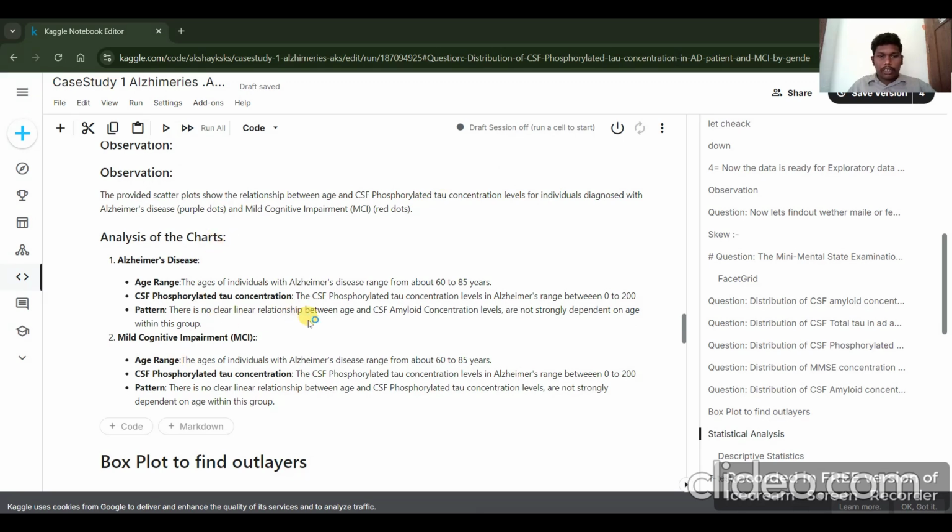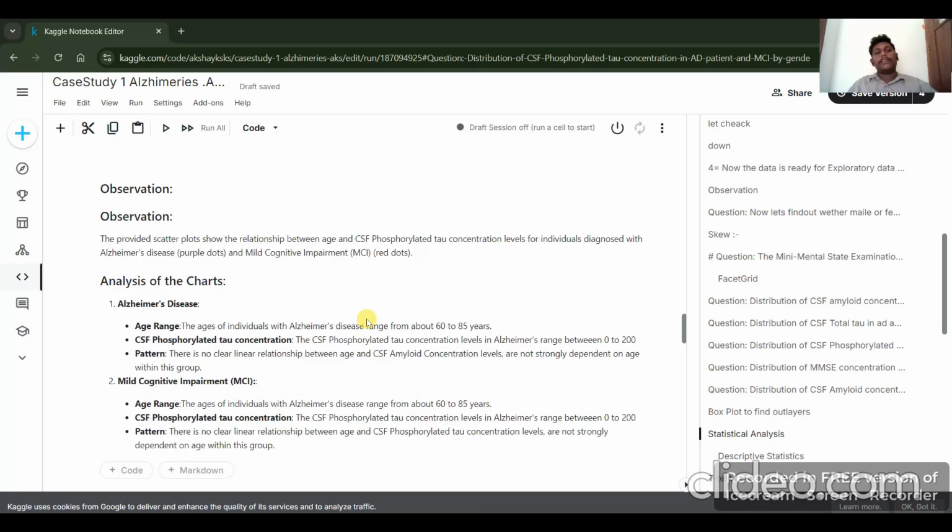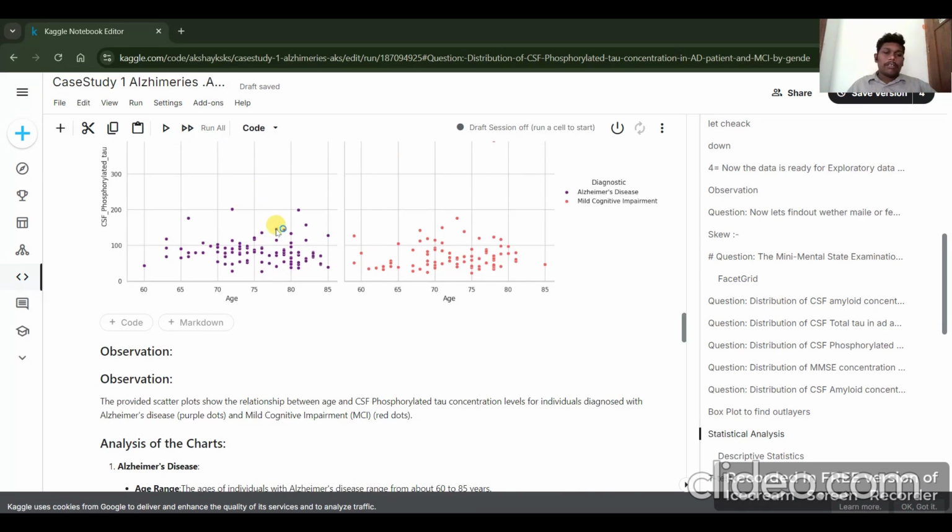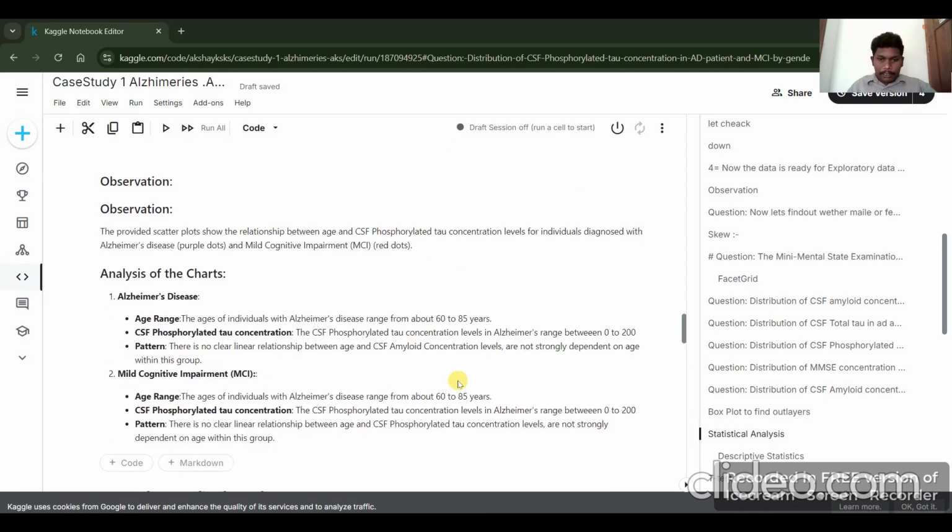There is no clear linear relationship in this graph between age and CSF amyloid concentration level; they are not strongly dependent on age within this group.